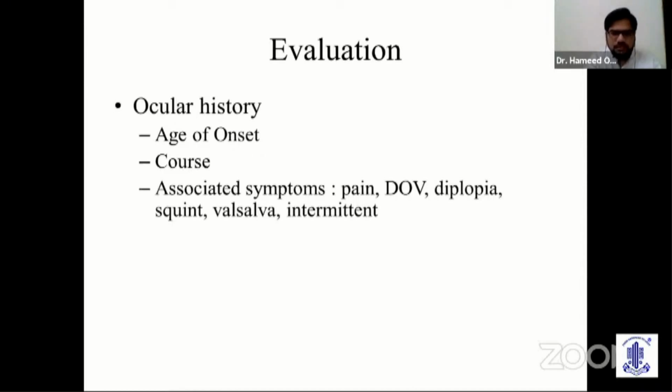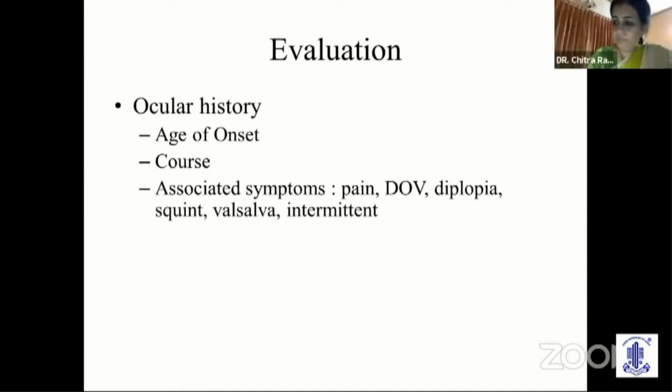That indicates compression of the optic nerve by the mass, or it can also indicate astigmatism induced by the mass directly indenting on the globe. Then you ask about whether the patient is having double vision as well as squint. That indicates thyroid ophthalmopathy or a mechanical obstruction of the globe because of the enlarging mass itself.